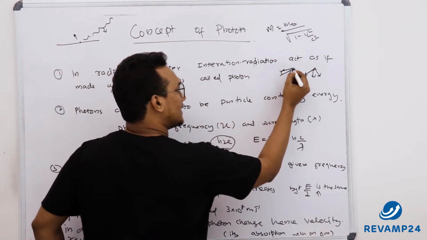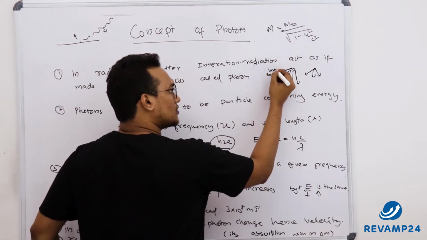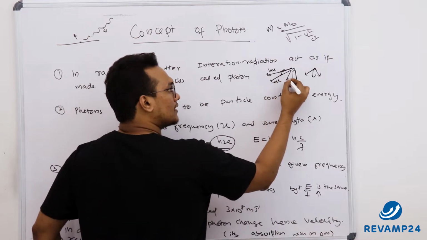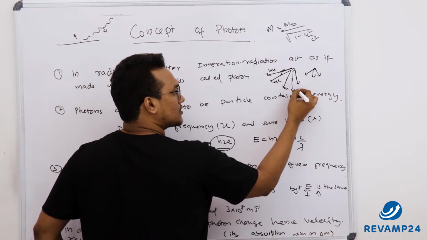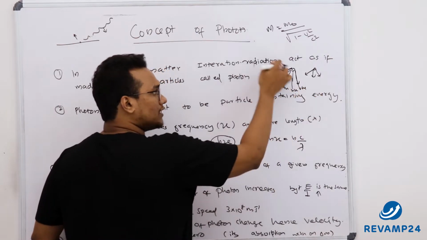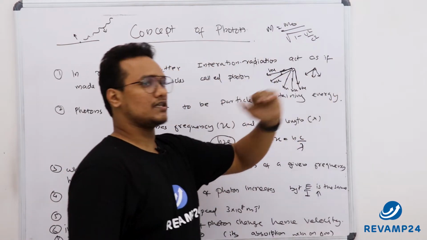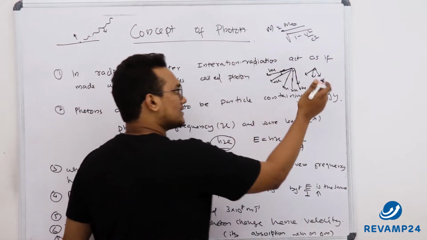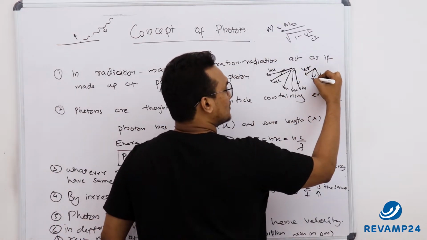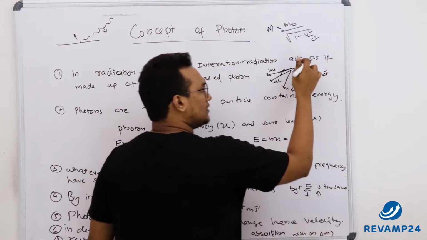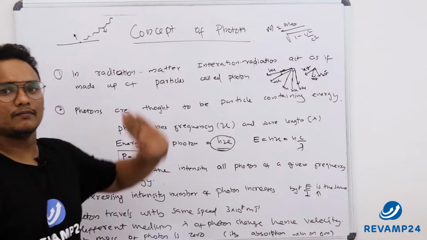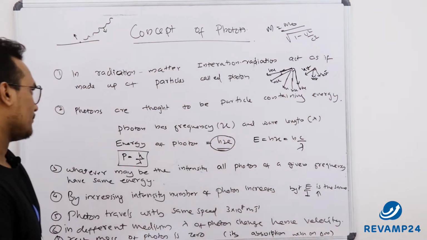So here the energy associated with this is h nu, this one is h nu, this one is h nu, this one is h nu, this one is h nu. All the radiations have the same frequency nu and the same energy h nu. Here in this case we have only 3 radiations with energy of h nu, but individual radiations have the same energy h nu. Okay.